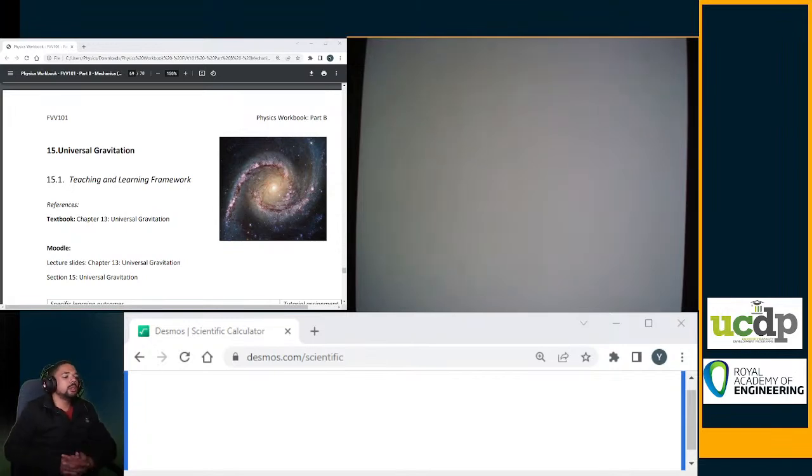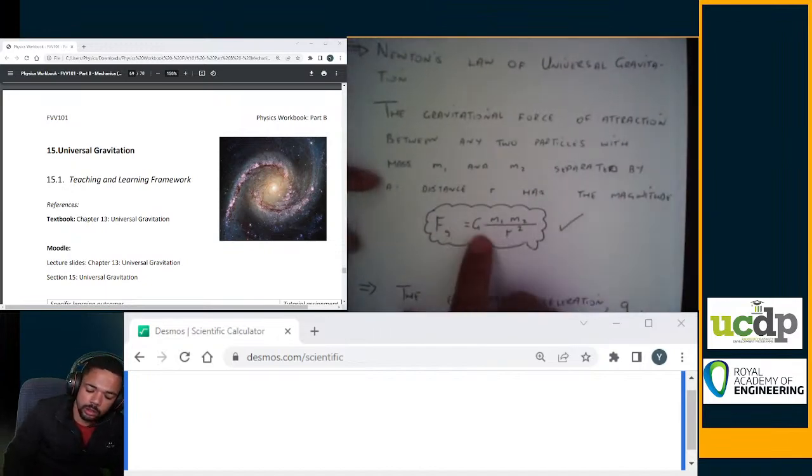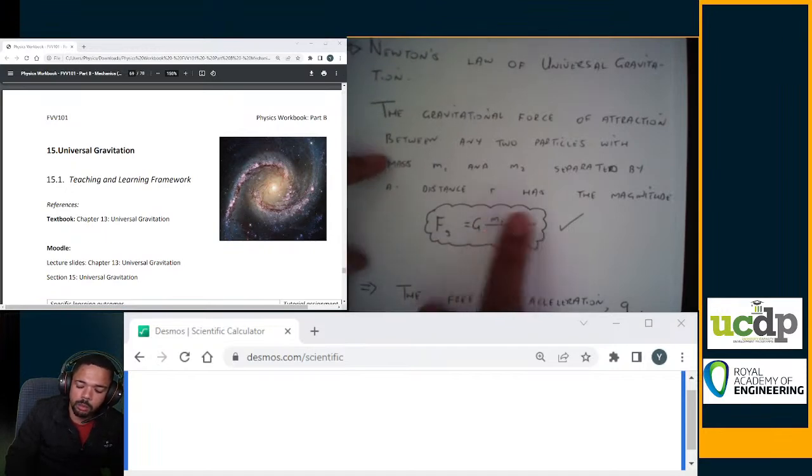Okay, so we are dealing with the universal law of gravitation, and currently we have dealt with two formulas that we will be using mostly. The first one is this force relation, which tells you that the force between two masses m1 and m2 is directly proportional to the product of those masses and inversely proportional to the distance between those two masses squared.